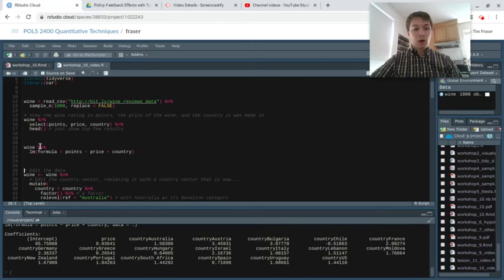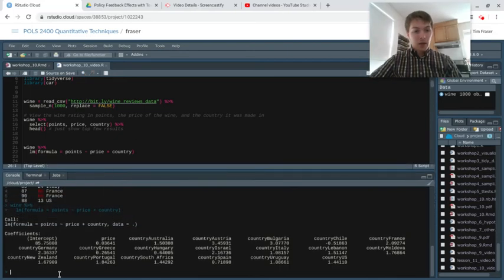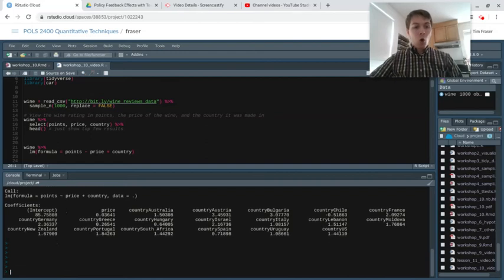We can run this model quite straightforwardly, and in fact, we just did. You can see what we've done here. And holy moly, there are a lot of beta coefficients in this model. Specifically, there's a beta coefficient for every level of the categorical variable.